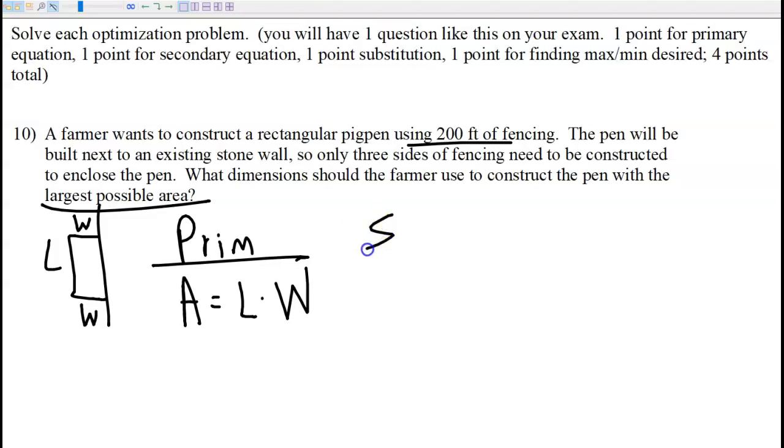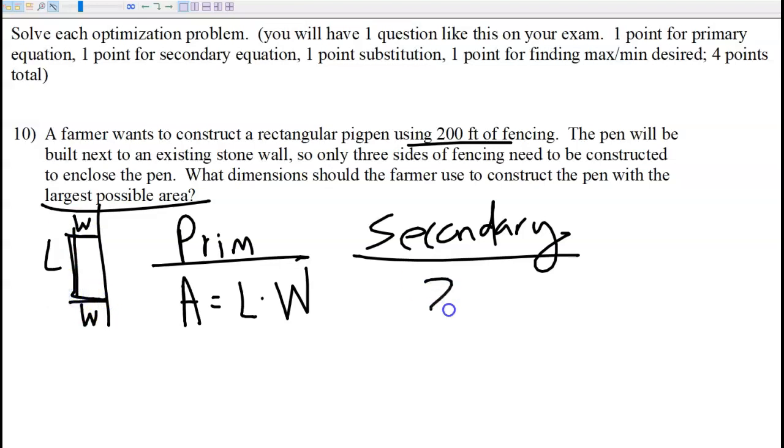The secondary equation is the limiting factor of all this. And the limiting factor here is that I'm only allowed to use 200 feet of fencing. So I know that 2W plus L has to equal 200 feet of fencing. Now for the substitution method, we want to get one of our variables by itself.